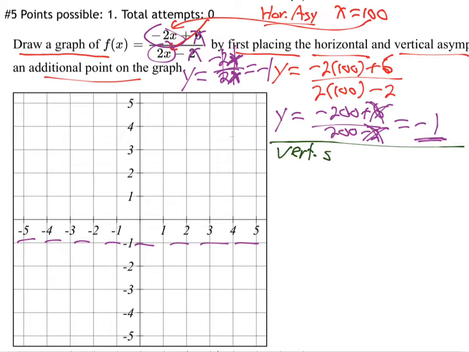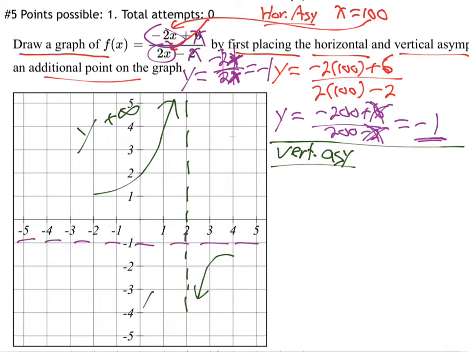How do we find a vertical asymptote? Well, a vertical asymptote is like a vertical dotted line. It makes the graph go up to infinity or down to negative infinity, right? The y value goes to positive infinity or the y value goes to negative infinity.